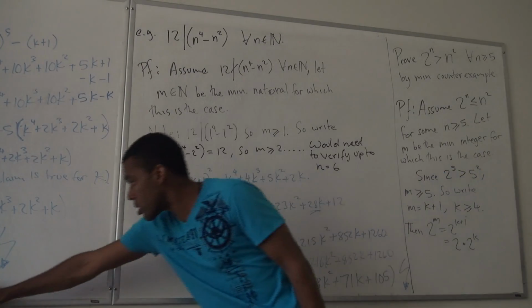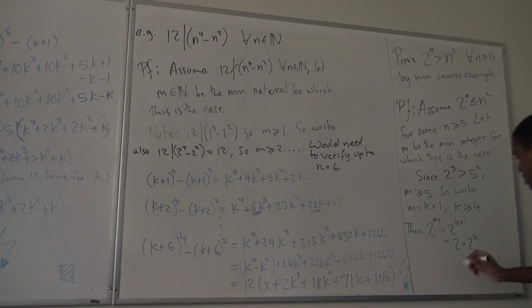It's just the setup is going to be different. So this is going to be greater than or equal to 2 k squared, which is equal to k squared plus k squared. And using the same argument, we can show that k squared is greater than this.